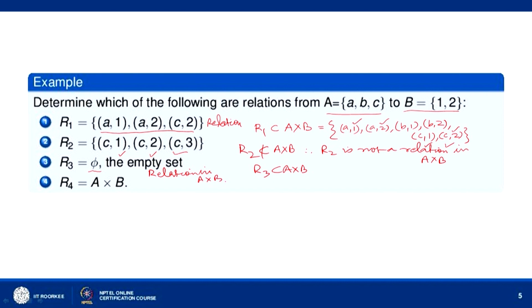And R4 is A cross B, the entire set A cross B. So, clearly R4 is a subset of A cross B. So, R4 is a relation in A cross B, and because it is the complete set A cross B, we call it the universal relation.